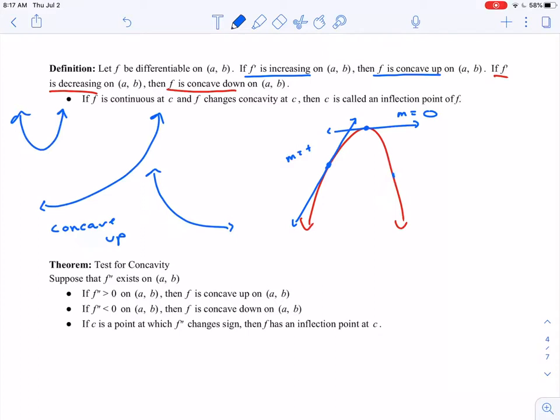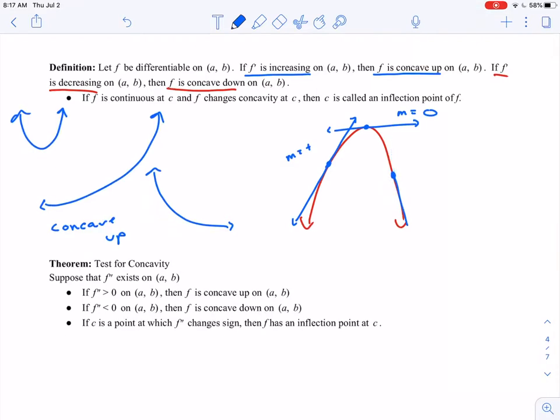And then over here, if I pick a point on the right-hand side, I have a tangent line with a negative slope. Here my slope of the tangent line is negative. So I'm going from a positive number to 0 to negative. The slopes of these tangent lines are decreasing. So that's what a concave down graph would look like.